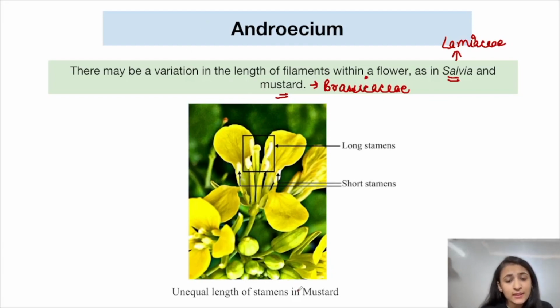So as you can see, this flower is of mustard plant, and you can just look, unequal lengths of stamens are present because of variation in the length of filaments. So these 4 stamens which are present towards the inside are the long stamens because they have longer filaments.